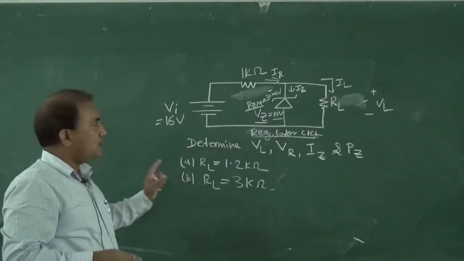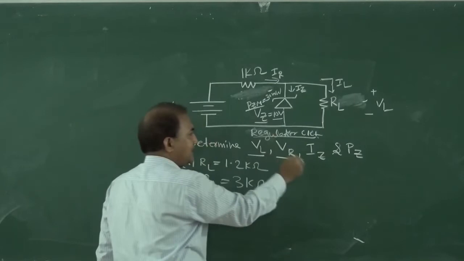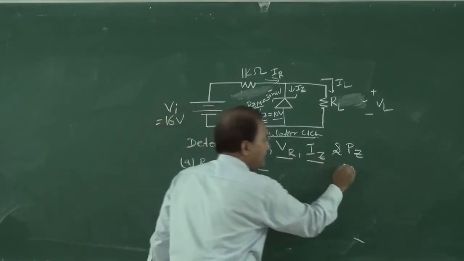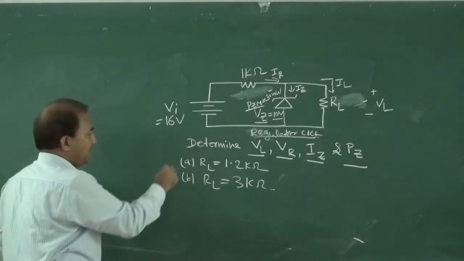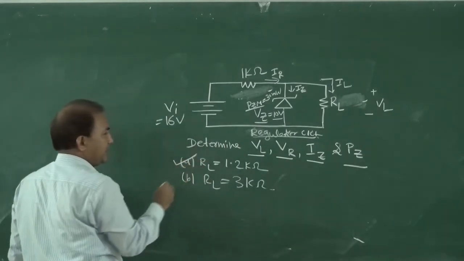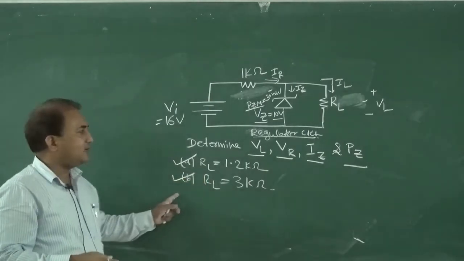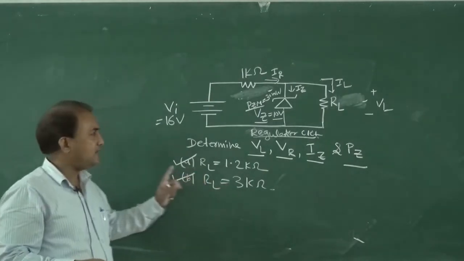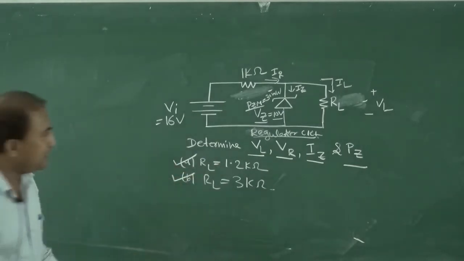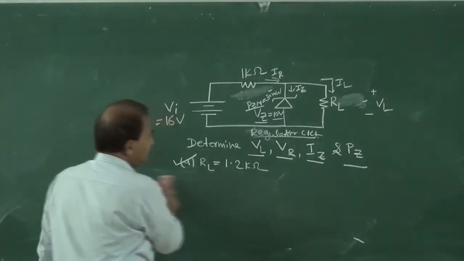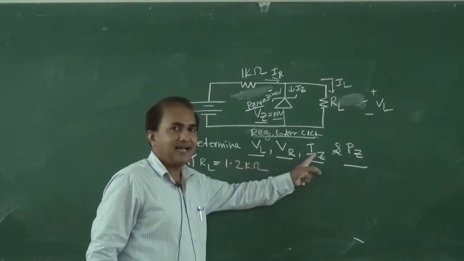Okay, so we have to determine VL, VR, Iz and Pz under two conditions: A, when RL is equal to 1.2 kilo ohm, and B, when RL is equal to 3 kilo ohm. So first of all, we will see when RL is equal to 1.2 kilo ohm, what are the values of VL, VR, Iz and Pz.